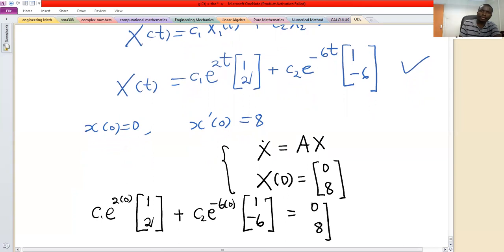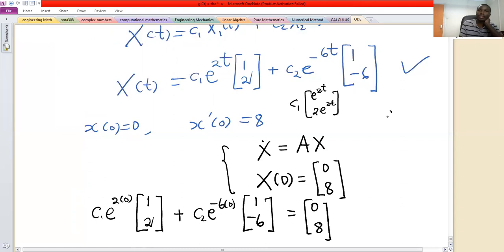What's happening here is that we have c1 into e raised power 2t and then 2 e raised power 2t.